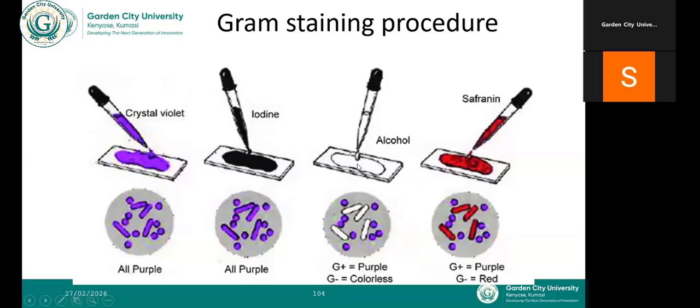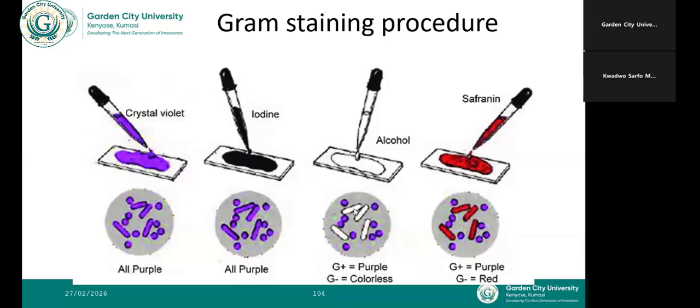Yes, sir. So Winfred is asking, what's the purpose of alcohol? The alcohol is to remove the stain. It is an organic solvent. So once you add alcohol, it removes the stain.